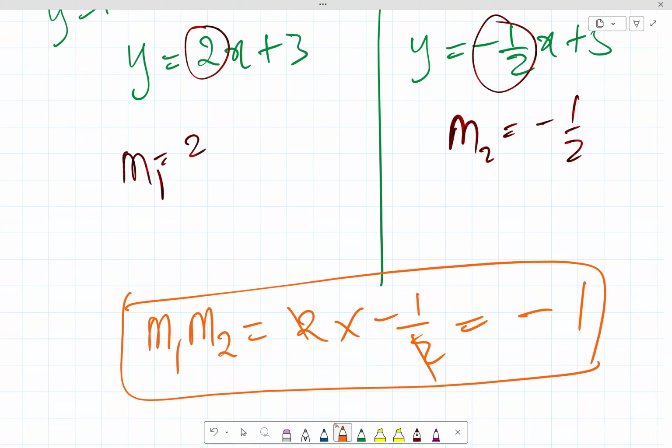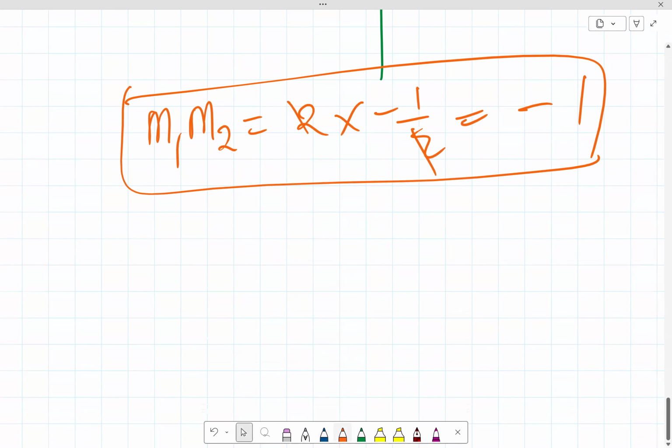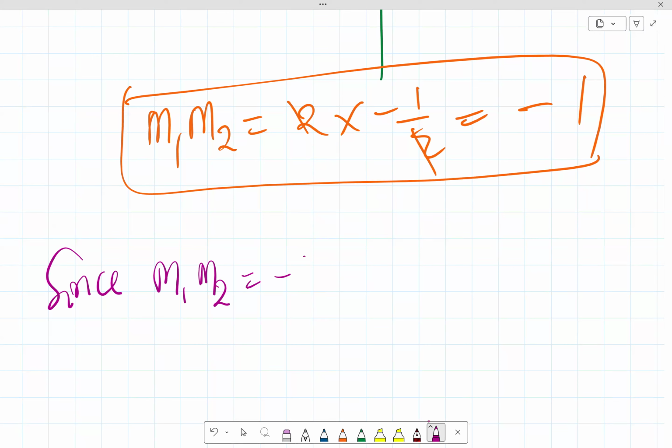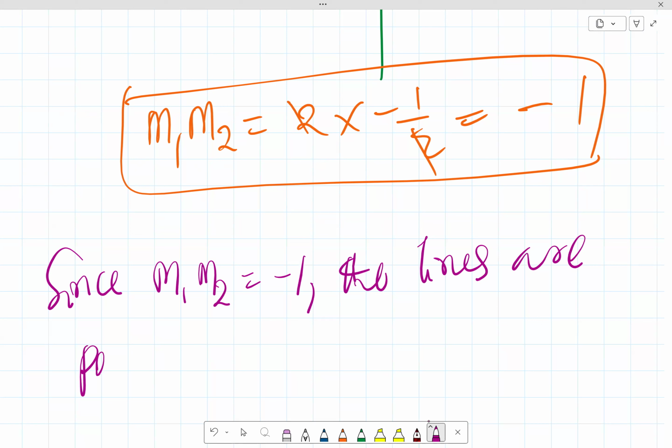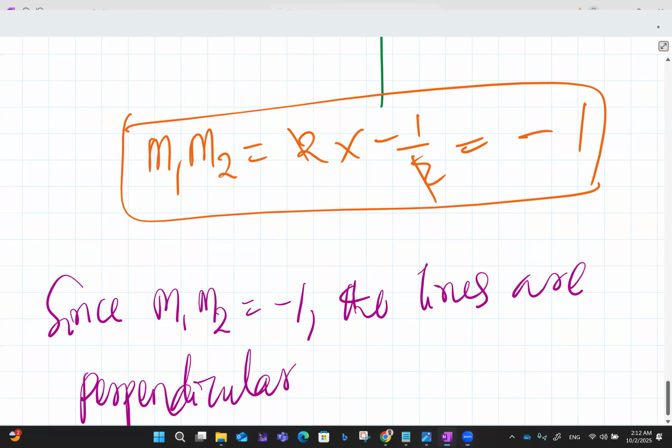So with that, since m1 m2 is equal to -1, the lines are perpendicular.